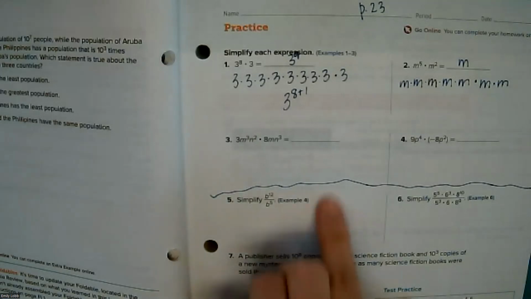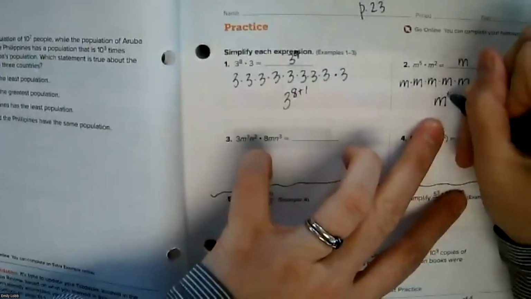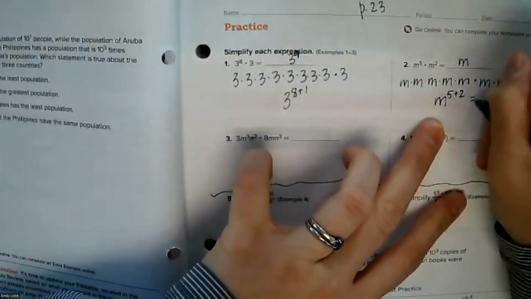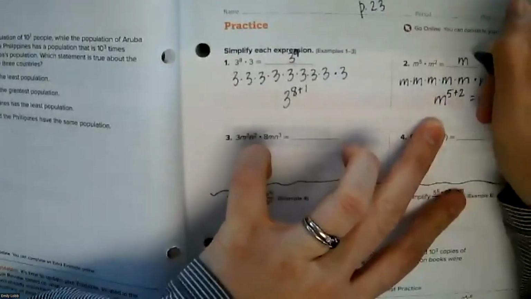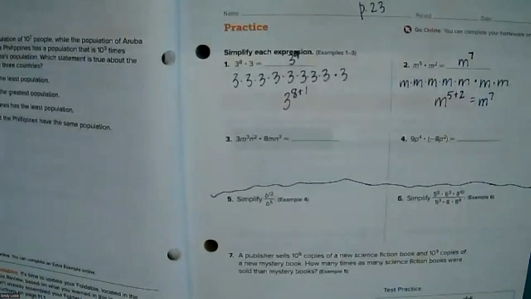So I see most of you did this. Some of you used the rule: if we have the same base, we can add the exponents. Okay? So either way.